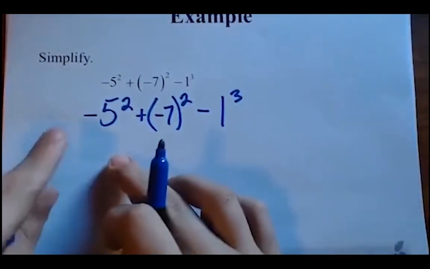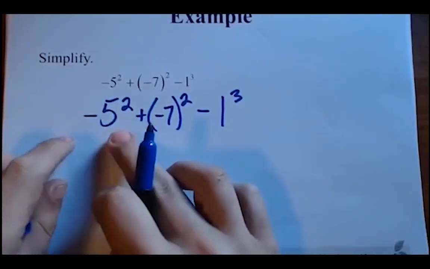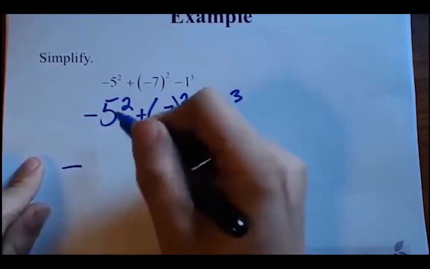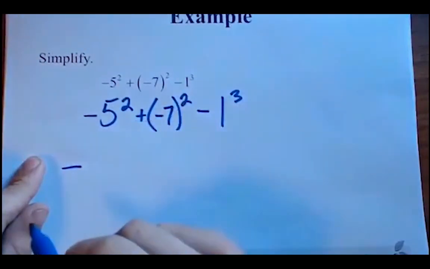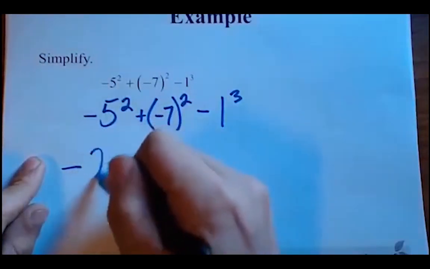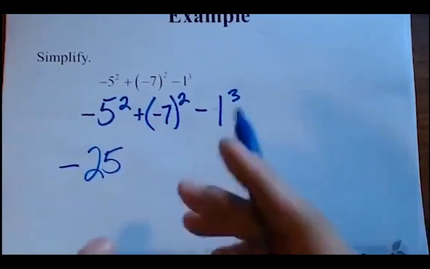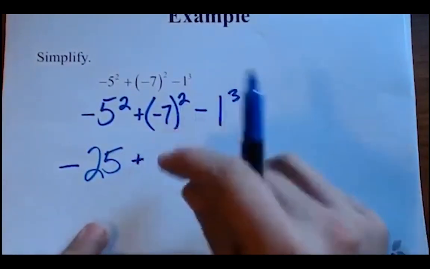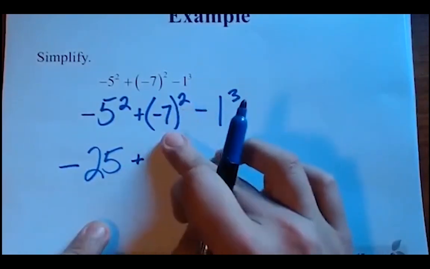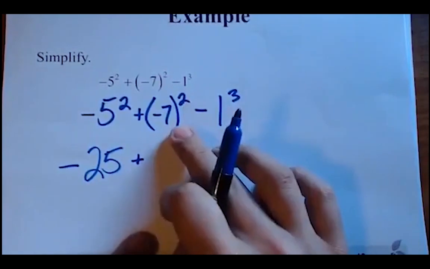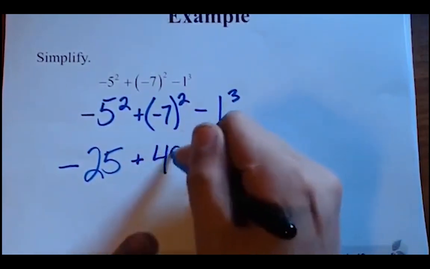Next, negative 5 squared without the parentheses is negative 1 times 5 squared. So this is negative 25, not positive because it's not in parentheses. Then plus (negative 7) squared. This is in parentheses, so negative 7 times negative 7 is positive 49.